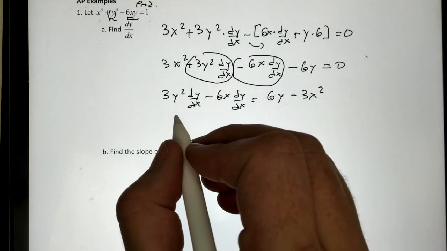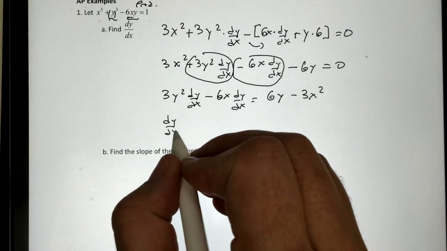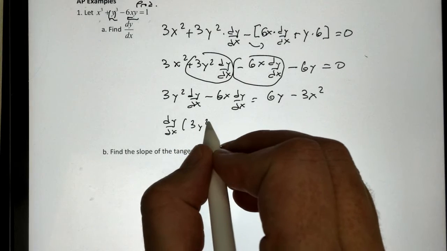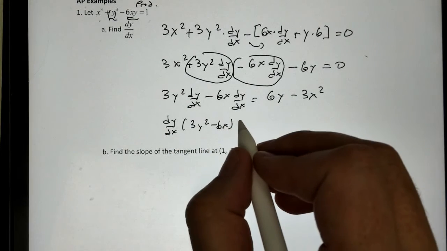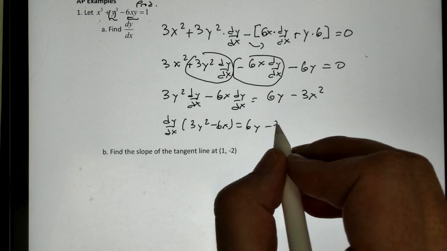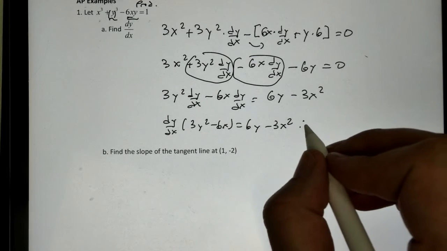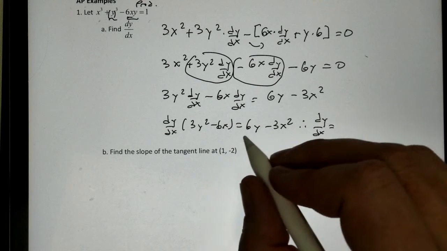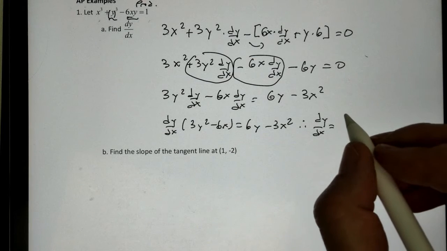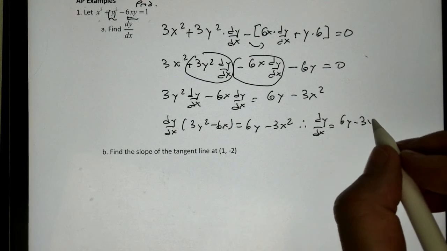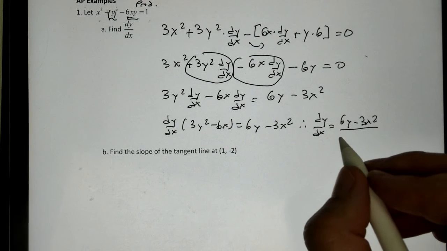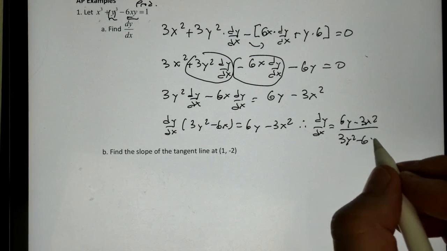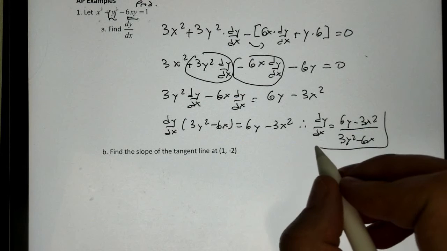Factoring out the dy/dx, we get 3y squared minus 6x, and that's going to equal, of course, 6y minus 3x squared. Therefore, our derivative, dy/dx, is going to equal 6y minus 3x squared over 3y squared minus 6x. And there's our derivative.